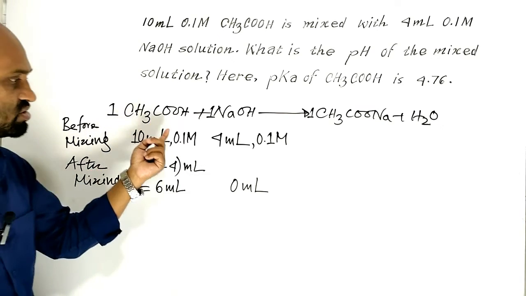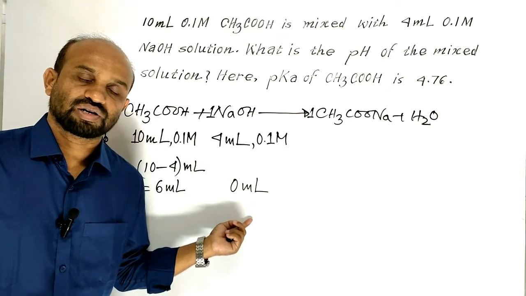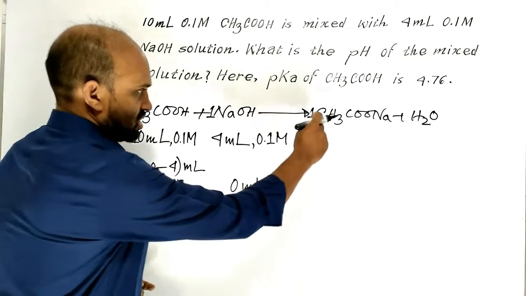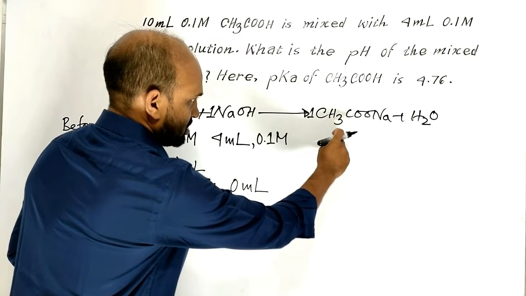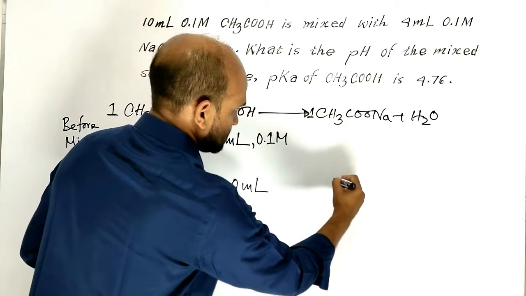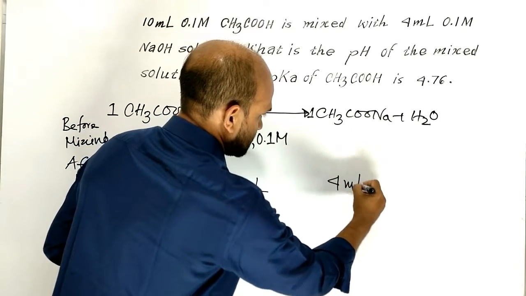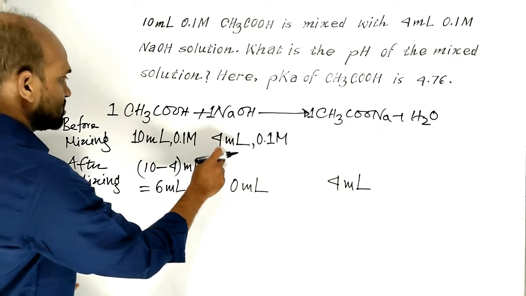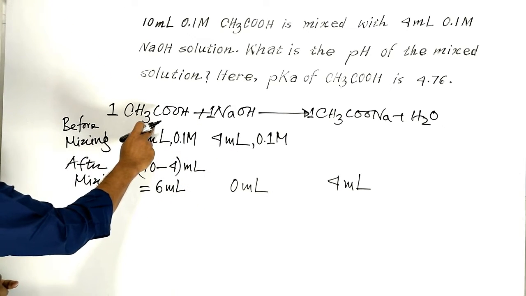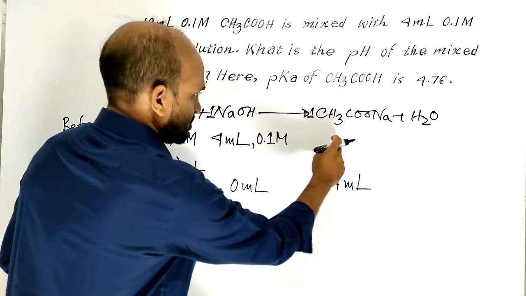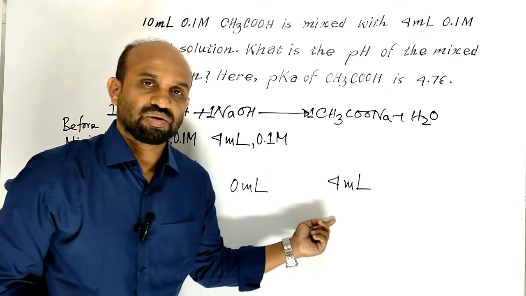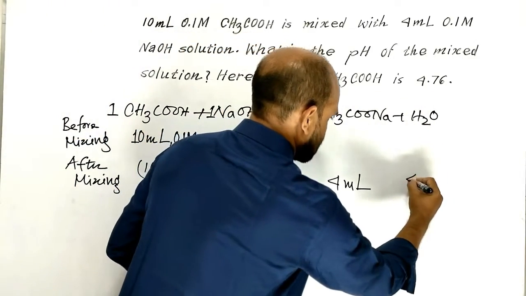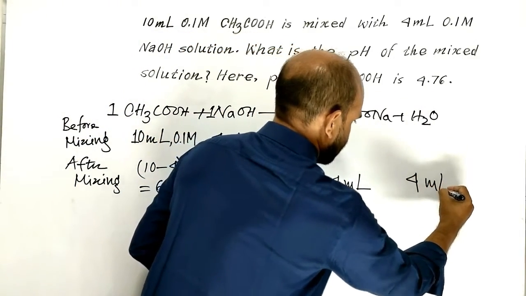So after the chemical reaction, amount of sodium hydroxide is 0 milliliter, and amount of sodium acetate is 4 milliliter. 4 milliliter sodium hydroxide neutralizes 4 milliliter acetic acid, and 4 milliliter sodium acetate salt will be formed, and the remaining is water, that is 4 milliliter.